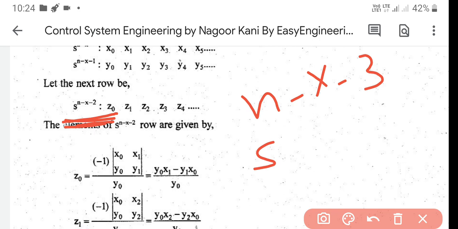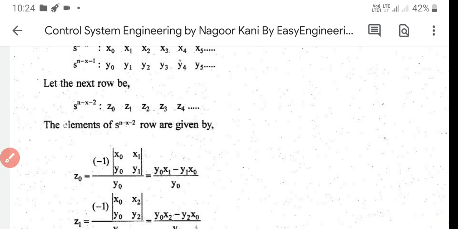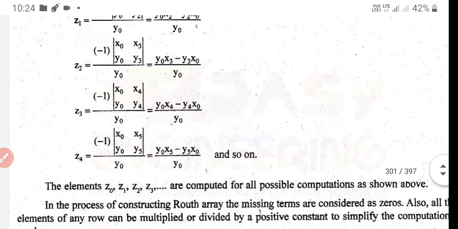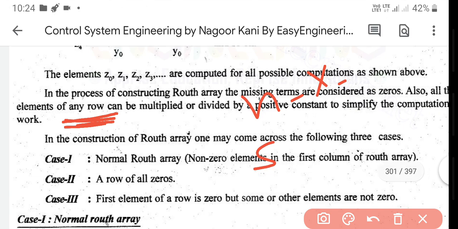Which two rows do you have to consider? You have to consider the s power n minus x minus 1 and s power n minus x minus 2 rows for calculating the s power n minus x minus 3 row.